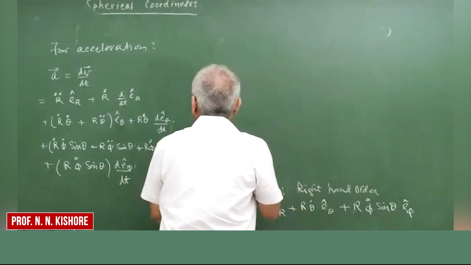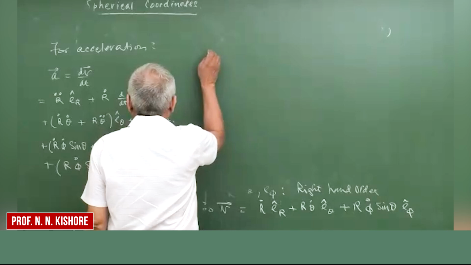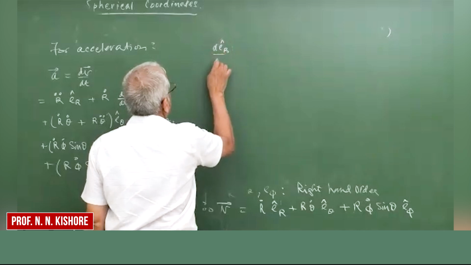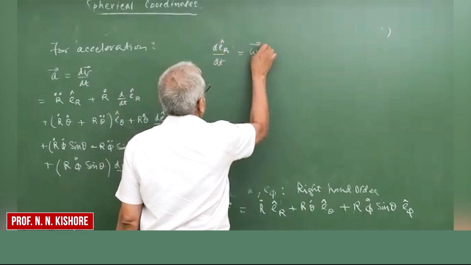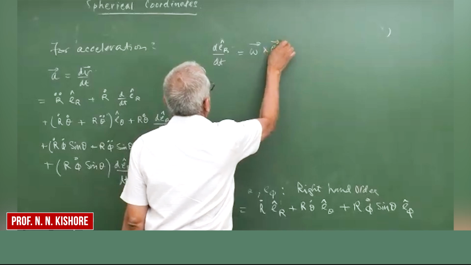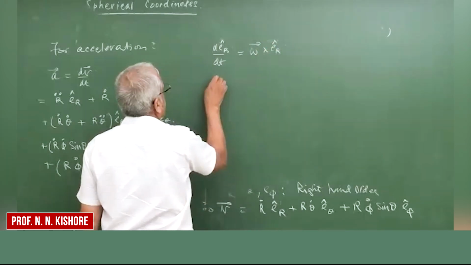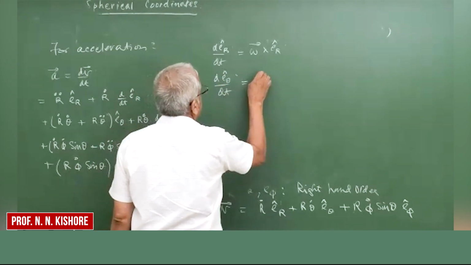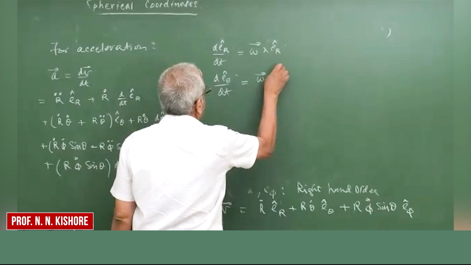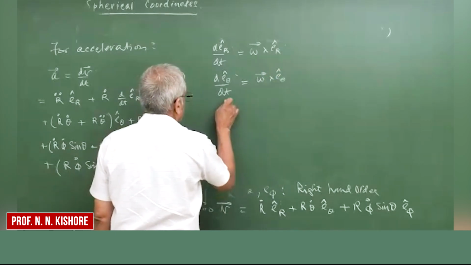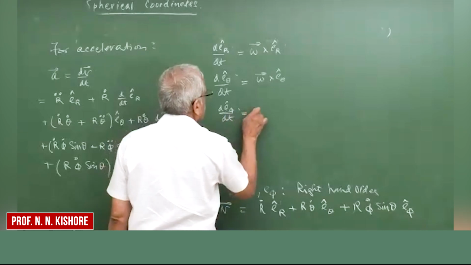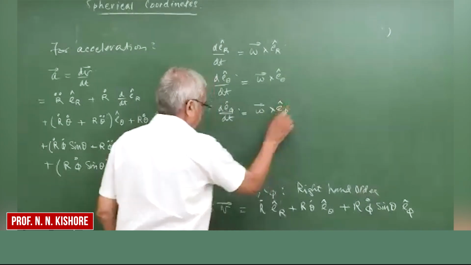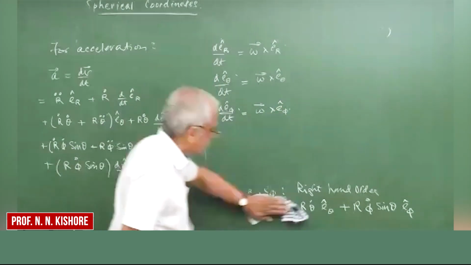So having omega there, what we have here is that de_r by dt is nothing but omega cross e_r, and de_theta by dt is nothing but omega cross e_theta.